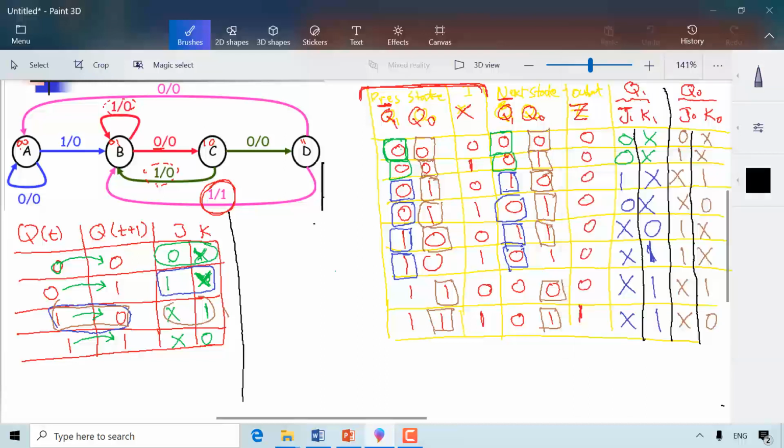Let's use a K-map for J1. I need to calculate J1, so let's draw the K-map here for J1.